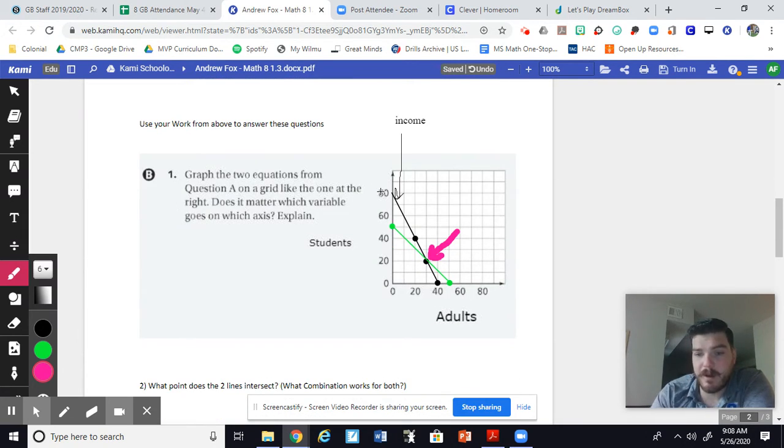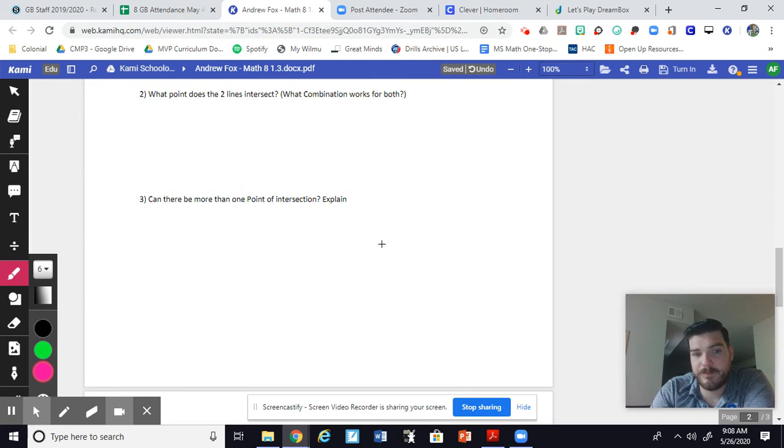So we come down to the graph, we see that we have this line where both the black lines represent the income, the green line is going to represent the number of adults. And we see that here represents that 30 adults and 20 student combination that we saw that worked for both of them. And that is what we're trying to solve for.